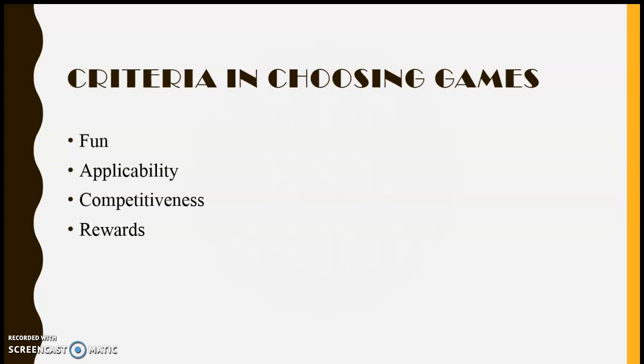The second criterion is applicability. So games have to be applicable. Applicability here means that we have to choose the appropriate level of difficulty of games for specific students' level and age.